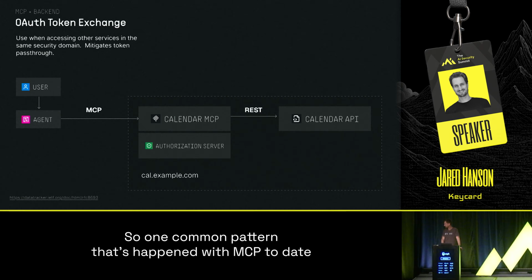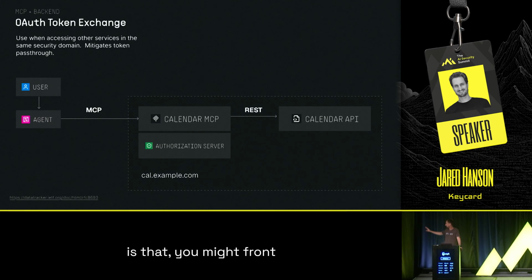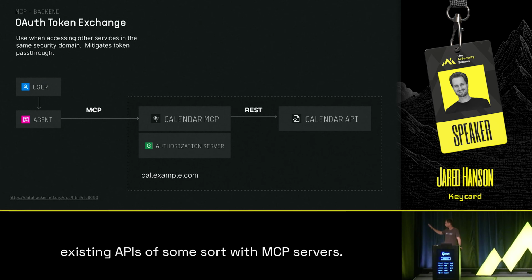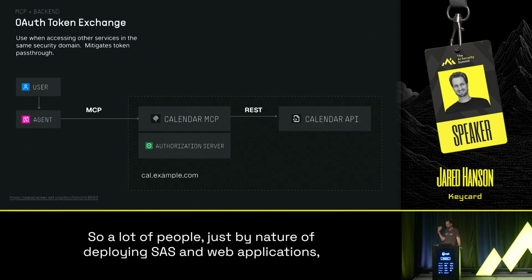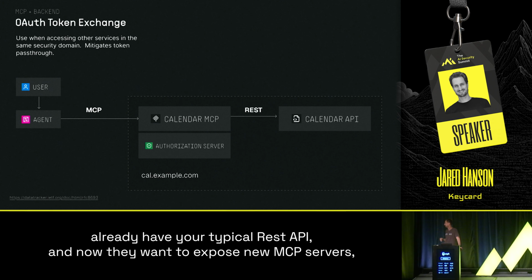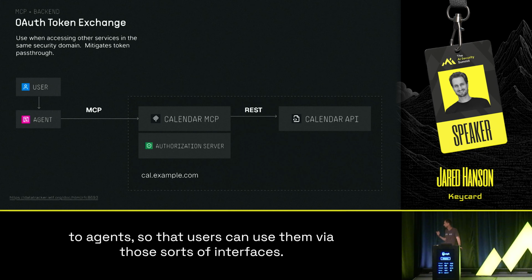So one common pattern that's happened with MCP to date is that you might front existing APIs of some sort with MCP servers. So a lot of people just by nature of deploying SaaS and web applications already have your typical REST API, and now they want to expose new MCP servers to agents so that users can use them via those sorts of interfaces.